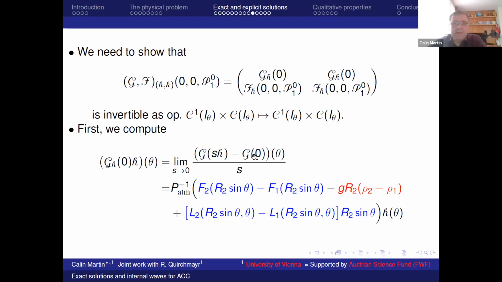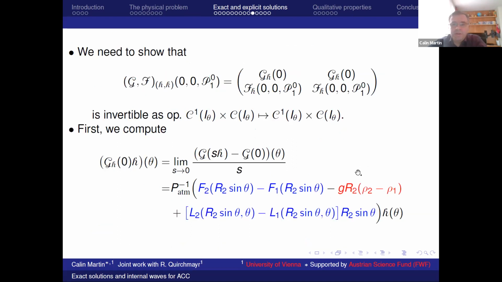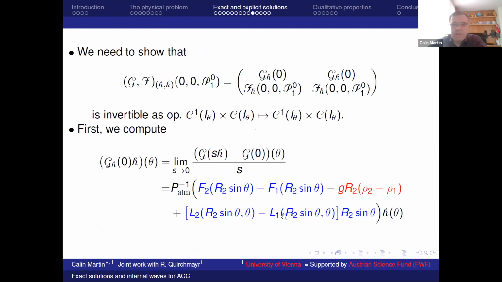It turns out that for some realistic values, assuming that the azimuthal velocity is less than 1 meter per second, and that the difference in the densities, ρ2 minus ρ1, lies between 0.2 and 0.5, the term in blue here is less than 0.02 times R2, and the term in red is greater than 1.9 R2. And therefore, you see that this quantity here is negative.